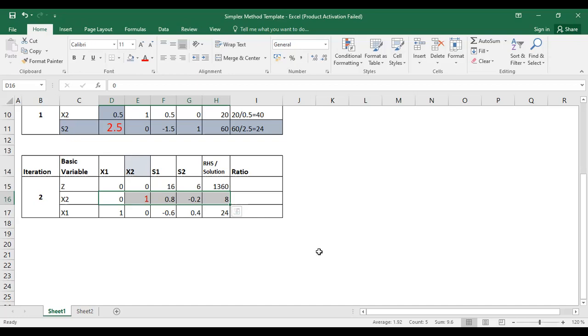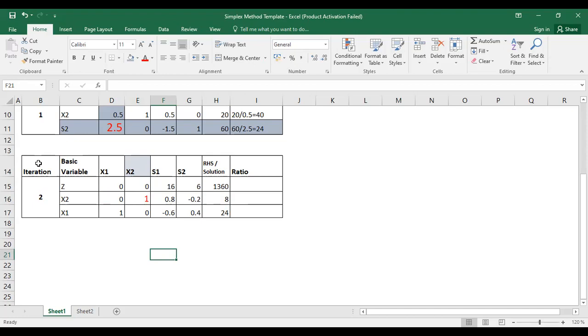Okay, I think it's the same. 0, 1, negative 0.8, negative 0.2, and 8, and that is our answer.